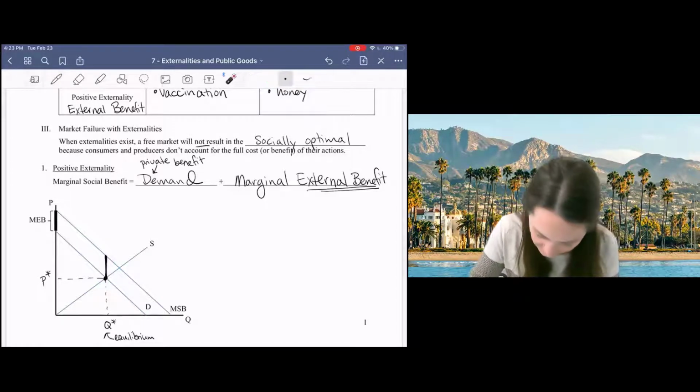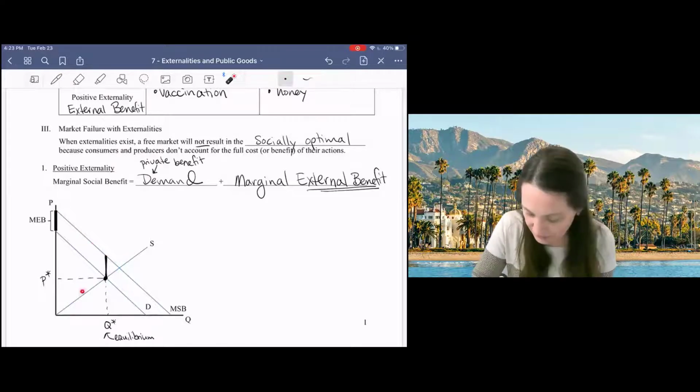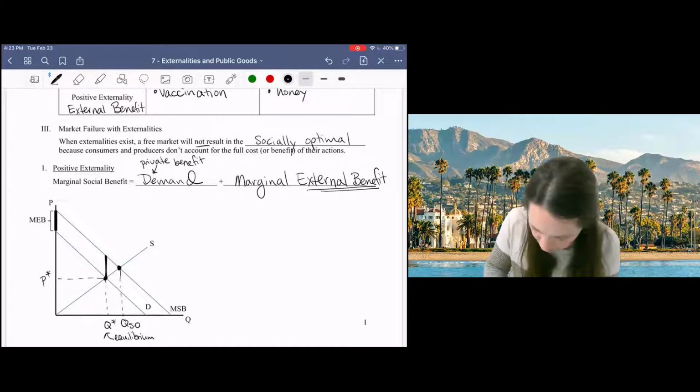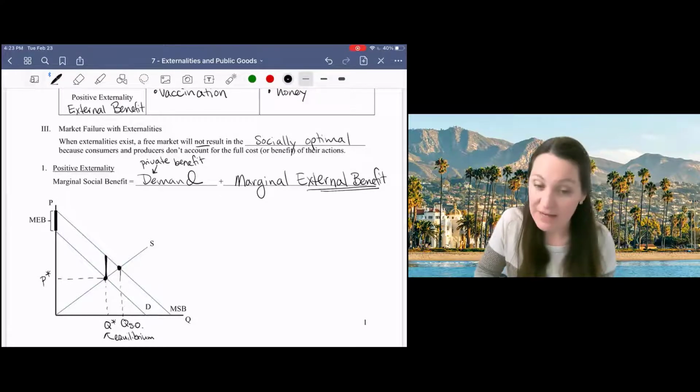So if I compare my total social benefit, the good is worth producing all the way out to this quantity, where our supply curve intersects the marginal social benefit curve.